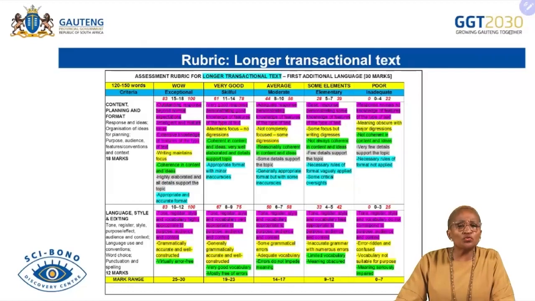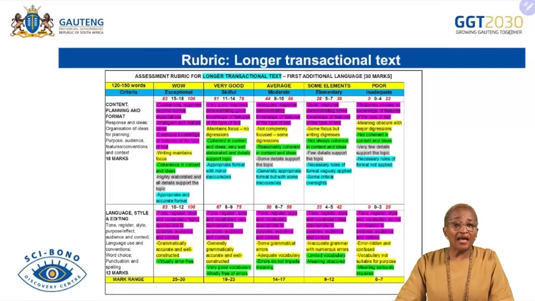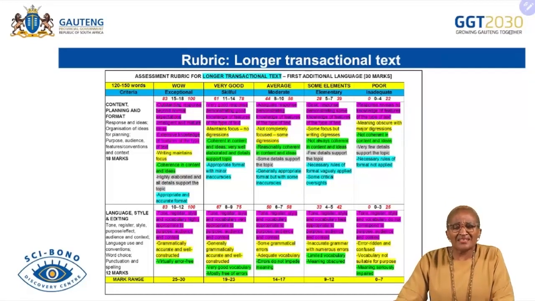I know most of you have written a number of transactional texts and you were being given feedback. Your teacher wrote C, which stands for content. Maybe he wrote 10 marks. And language, he just gave you 3. But do you really understand how you arrived at the 10 for content?